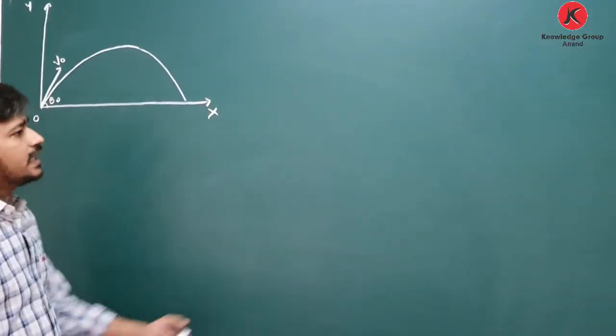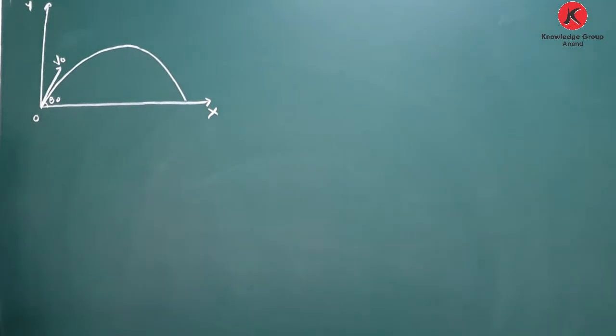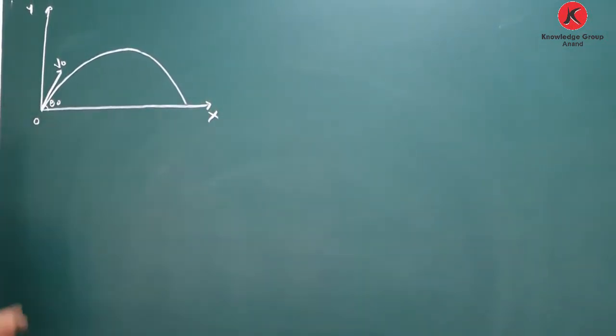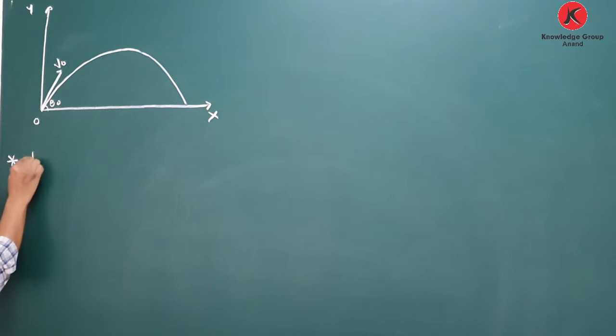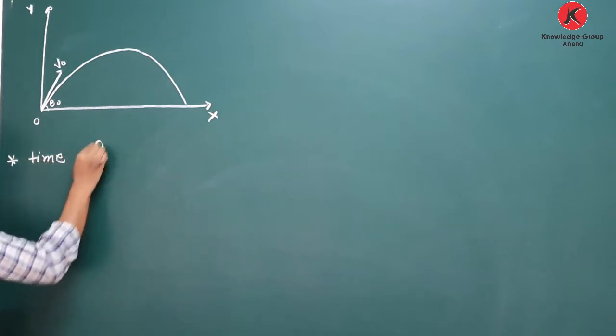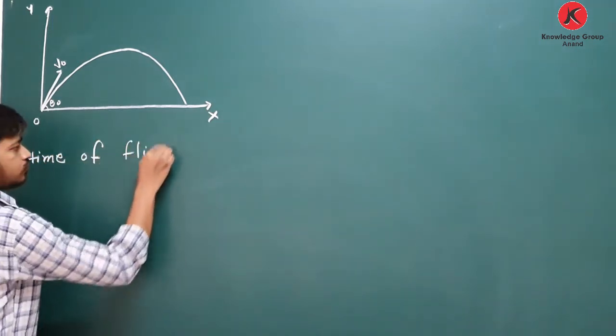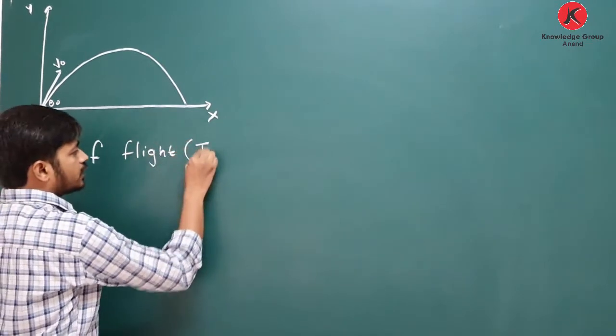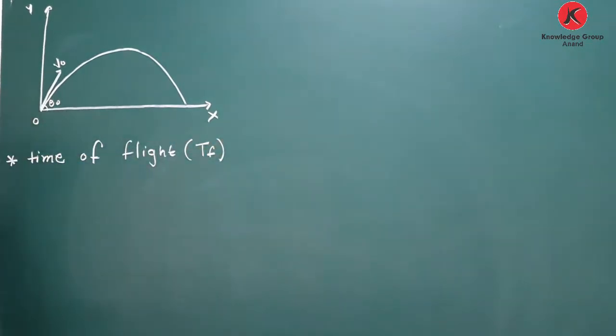Now next one is, see, what is time of flight? Time of flight is denoted by TF. Now what do you mean by time of flight? See, time of flight means from this point the object is thrown.